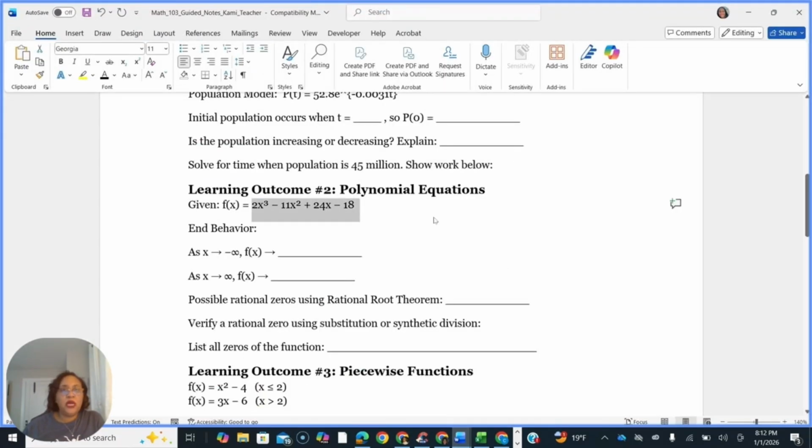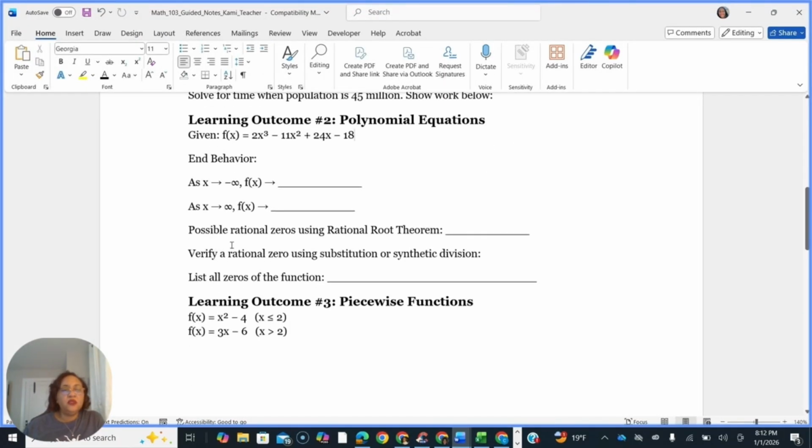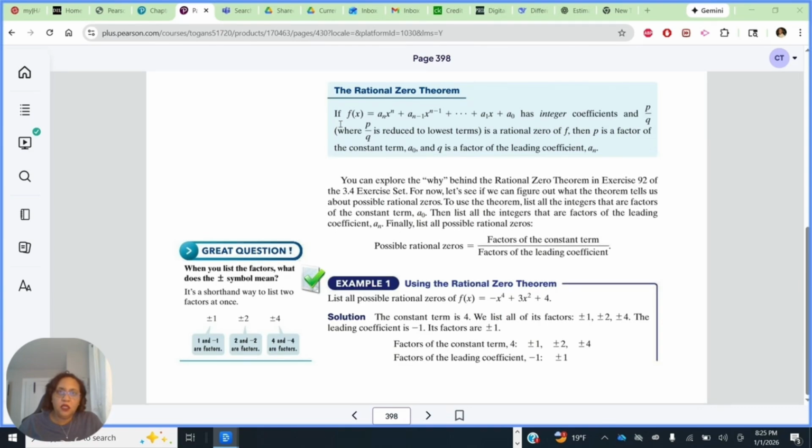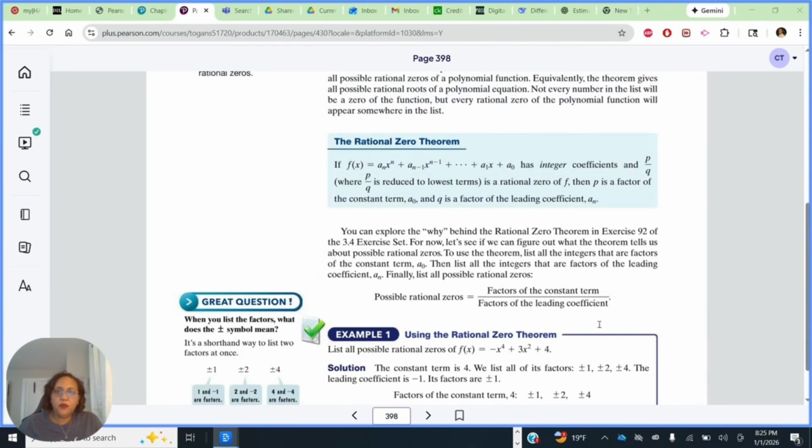So back to the guided notes. We got that part. So, possible rational zeros using the rational root theorem. On page 398, here's the rational zero theorem or the rational root theorem, and that is what you have to do, okay?